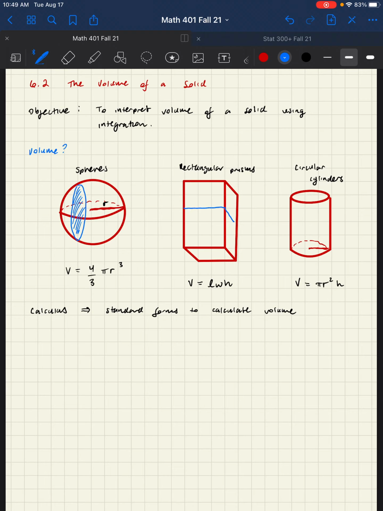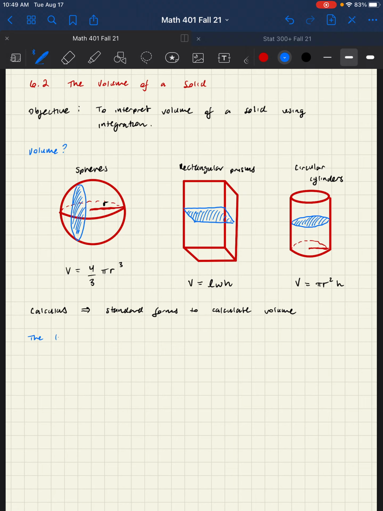That's one cross section, that has some infinitesimally small area. And once we add all those up using integration, then we'll have a good picture of how to actually set up, how to calculate volume.